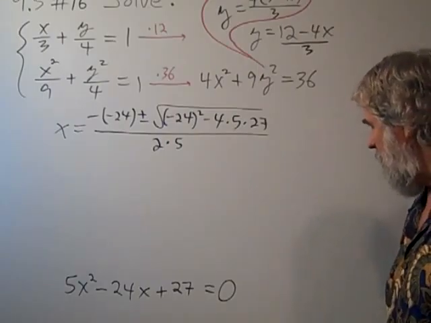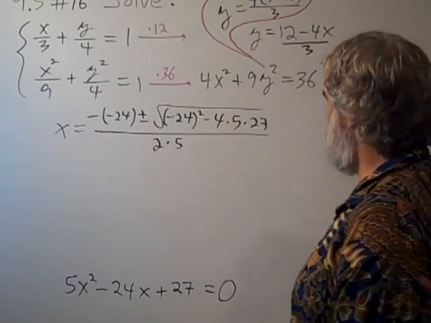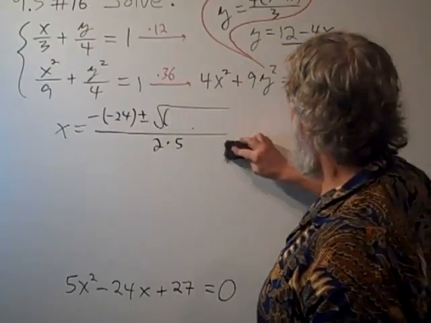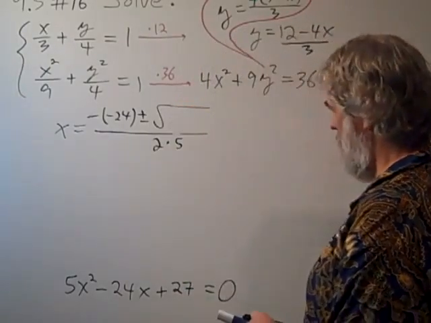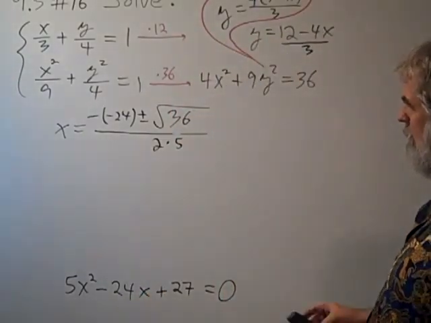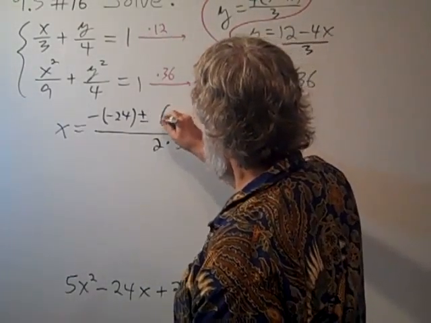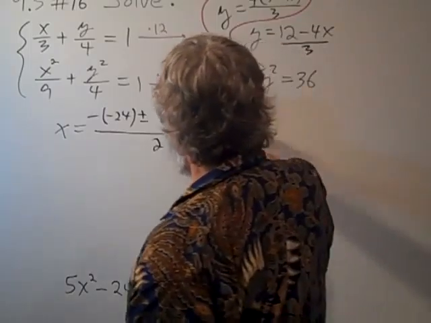And so let's see what we've got here. 24 squared, and then we're subtracting from that 20 times 27. That leaves 36. And the square root of 36 is 6, of course. And negative negative 24 is positive 24.